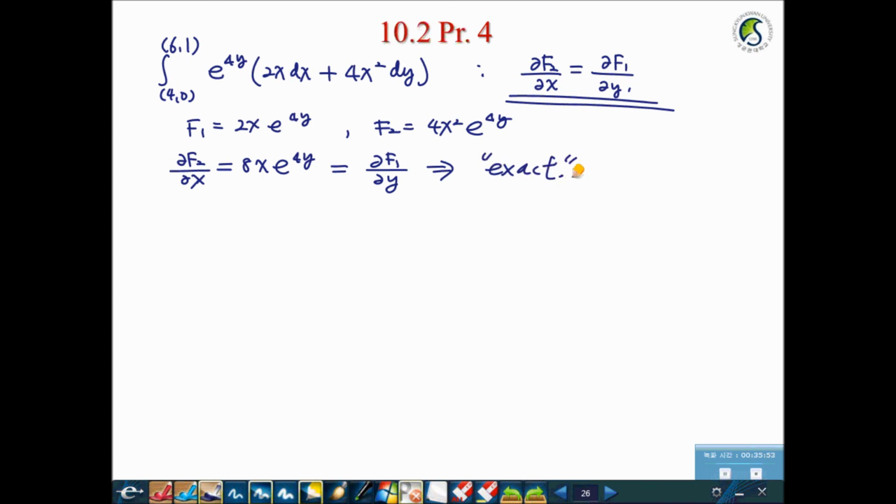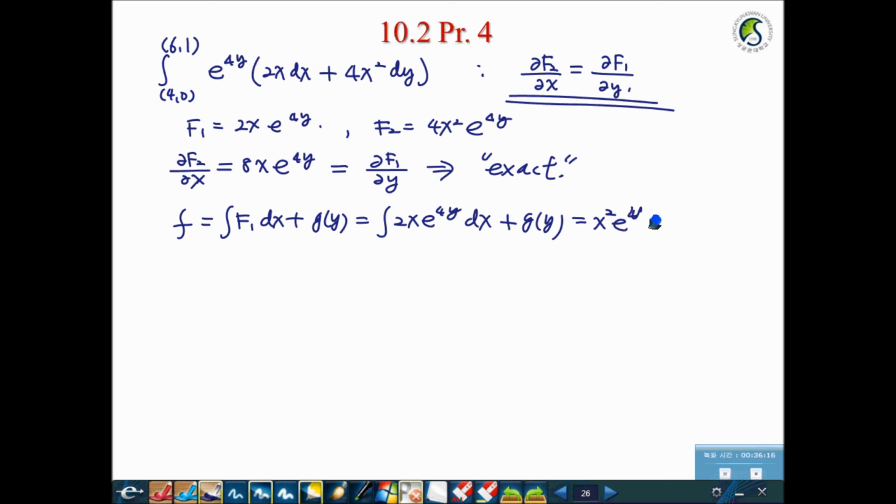Okay? And f, we get it from here by integrating F1 dx plus g of y. That's 2x e to the 4y dx plus g of y. If you integrate it, that's x squared e to the 4y plus g of y. Okay?